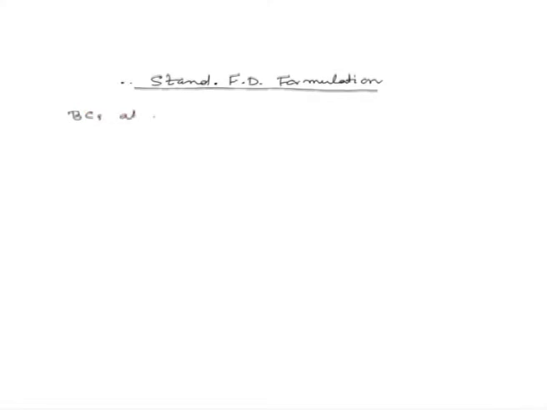So BC is at the right end node. So let us draw a sample grid.